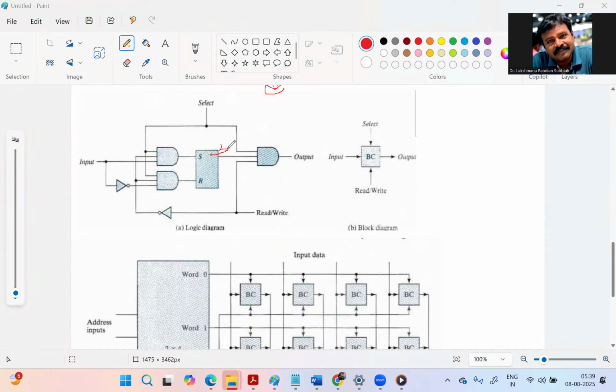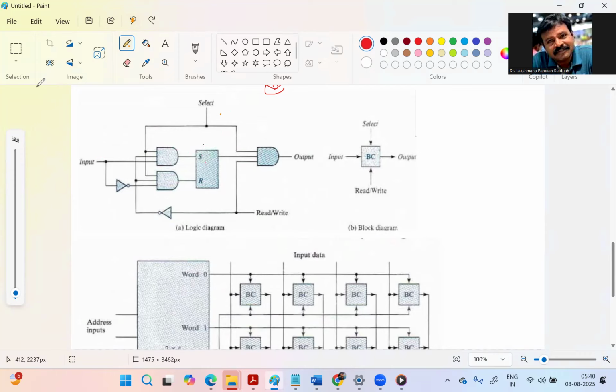Now you see this one. Here we have the SR latch. SR latch means set and reset.